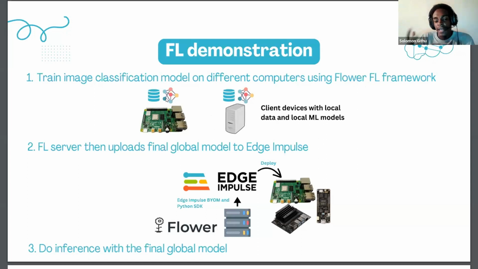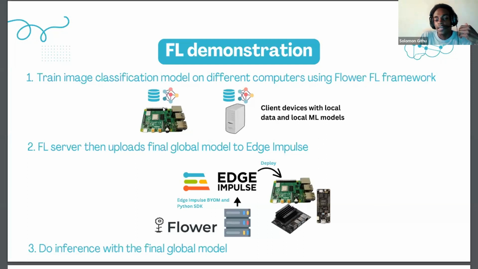After the federated learning system, the federated learning server will then take the final model and send it to Edge Impulse. Now from Edge Impulse, we can deploy this model to any device. For the training, we were training the model on the Raspberry Pi.